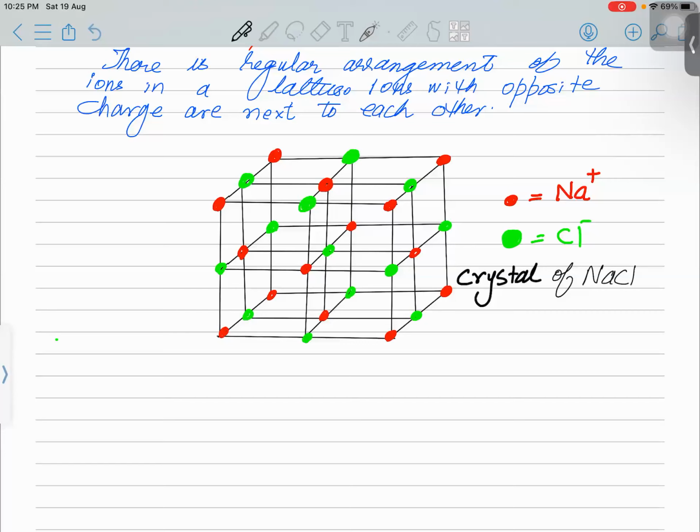Do you have any question regarding crystal lattice? No, sir. No need to memorize the shape. Just always remember that around one sodium you have 6 chlorine. Around the chlorine you have 6 sodium. So this 6 is called coordination number.